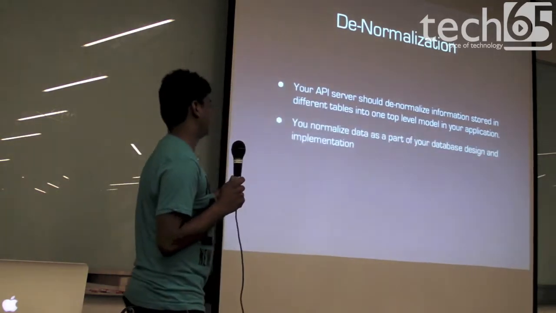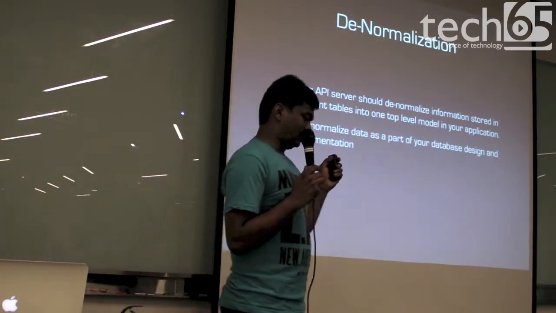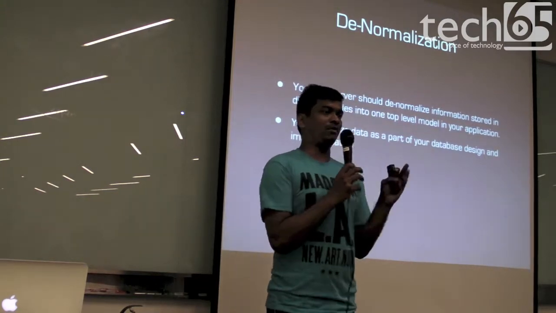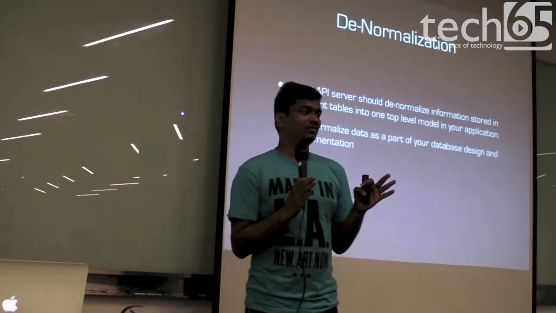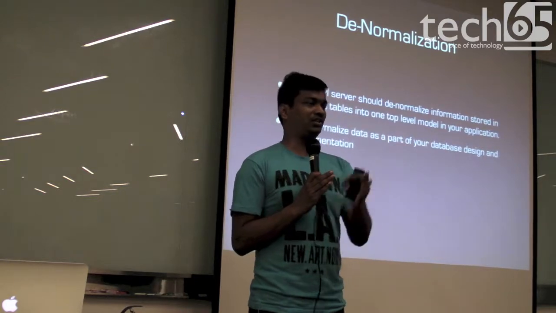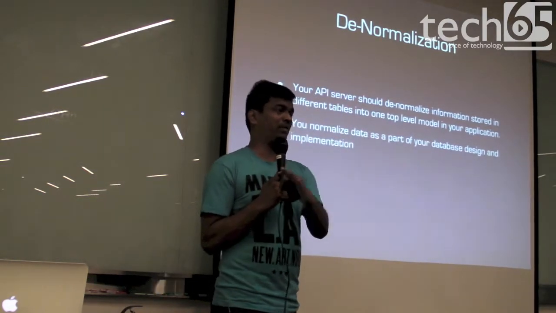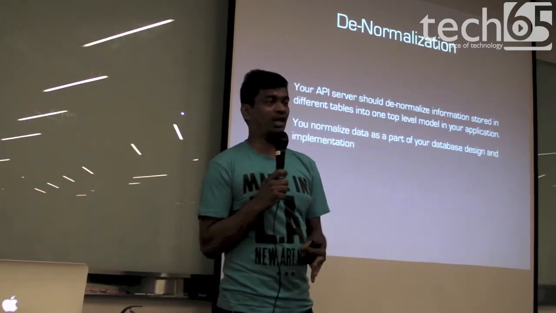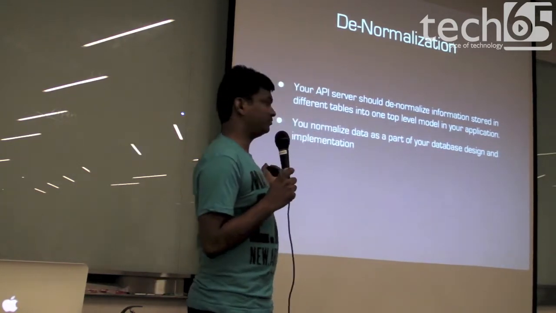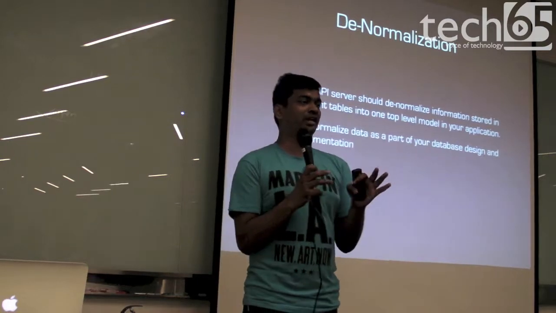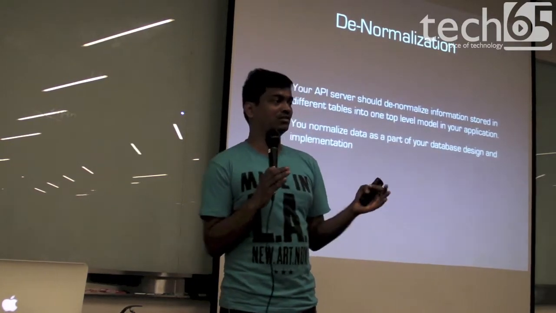I'll show you an example. When you do database design, you normalize your database, right? You split your data and store it in multiple tables, index your columns properly, and ensure that your database is flexible enough for changes. Right?